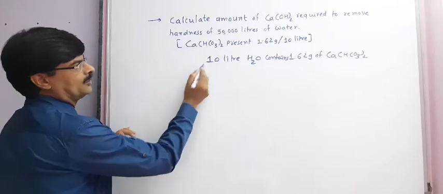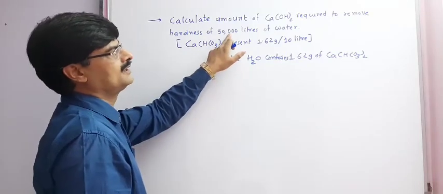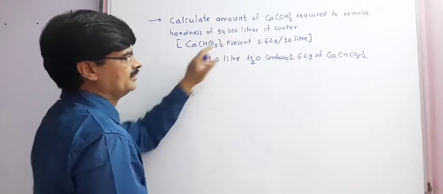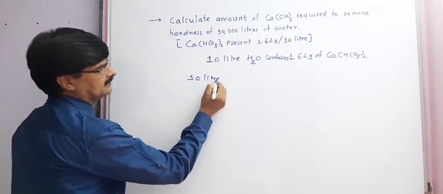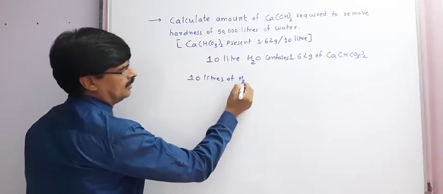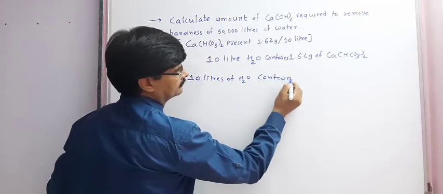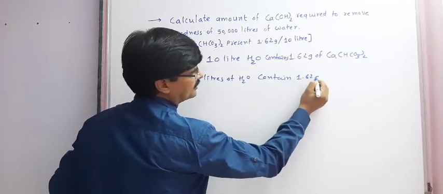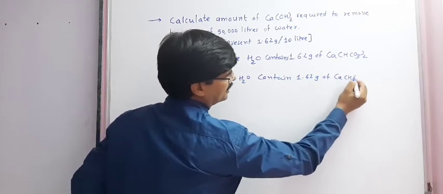Now, from this calculation, first we will find out for 50,000 liters of water. We can write that 10 liters of water contain 1.62 gram of calcium hydrogen carbonate.